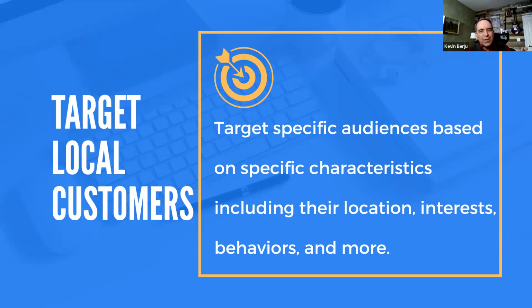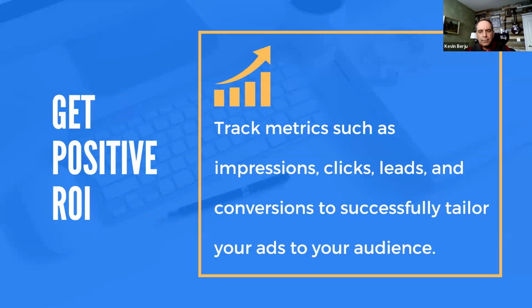Targeted advertising can help you save time and money by ensuring that the ads you're putting out are reaching specifically the right audience members. You can get a positive ROI, return on investment. So Facebook ads almost certainly can ensure that you'll gain traction and see your return on the investment if used correctly. And we show you how to do that if they're created properly, which we'll get into shortly.